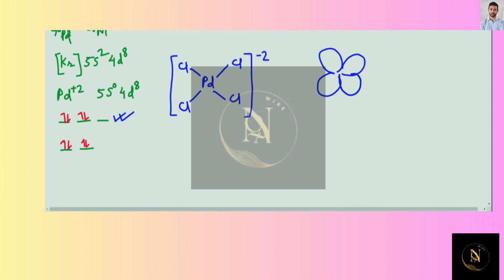The 4d orbitals of palladium 2+ are more radially diffuse. That means palladium 4d orbitals are very big and diffuse as compared to 3d. They are very big, therefore they form strong overlap with the orbitals on the chloride ion.